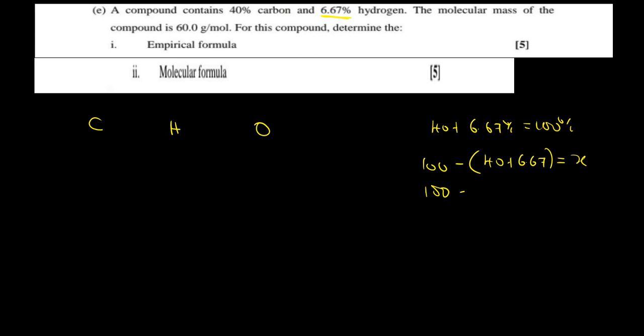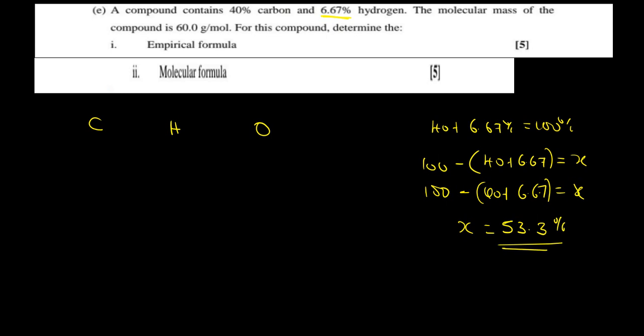When you do that on your calculator, you punch 6.67, that is equal to x. It will give you x is equal to 53.3 percent. That's the percent for oxygen.